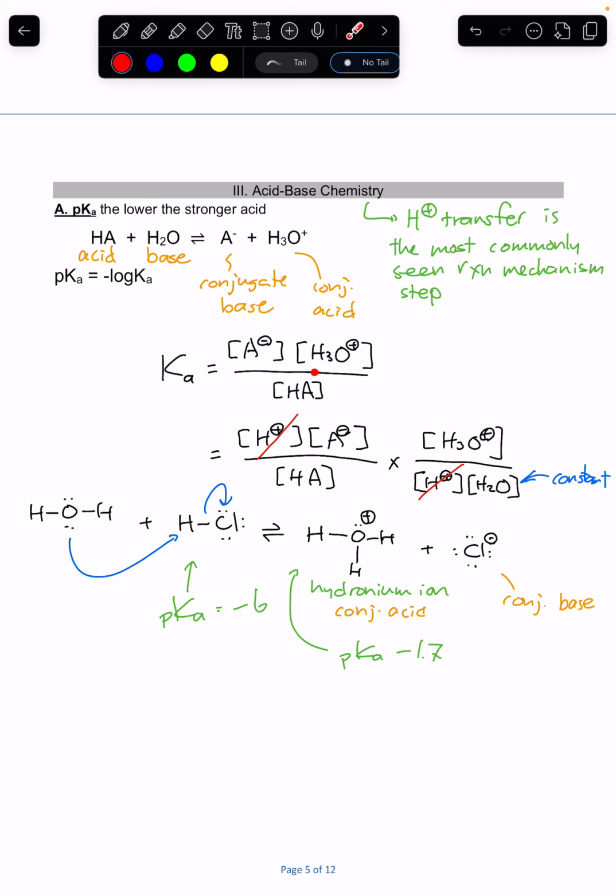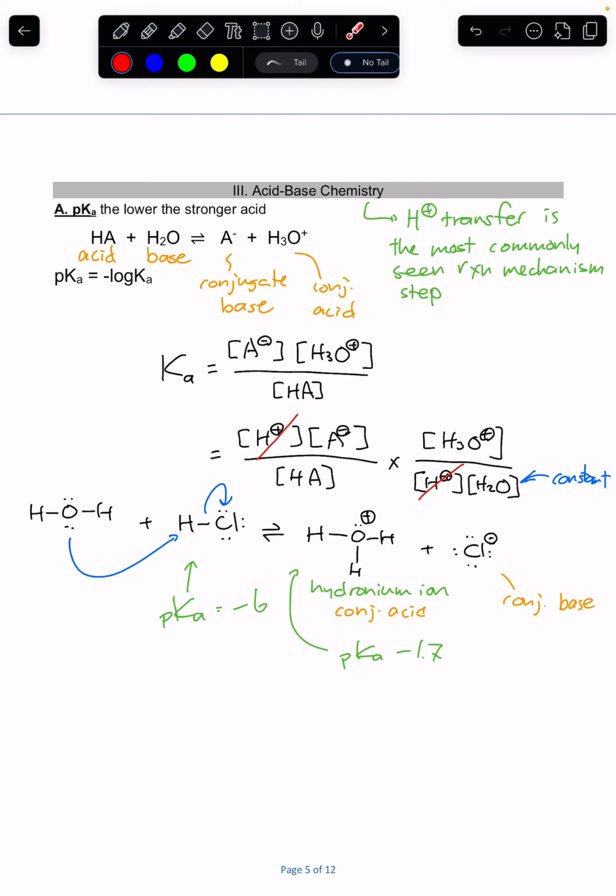Because the more the acid dissociates like this, that means it's a strong acid. So if the top of this equation is bigger, it's a stronger acid. It's more willing to give up its proton. And because pKa is a negative log, the bigger this number is, Ka, the smaller the pKa. So this is the stronger acid than the hydronium ion. I hope you could tell that from the pKa.